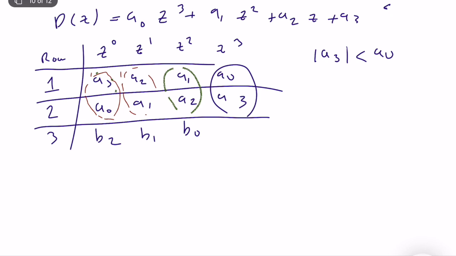Of course, we know that a0 is higher than 0. D(1) should be larger than 0. D(-1) times minus 1, I will talk about this, should be larger than 0, or we can say that D(-1) should be less than 0.